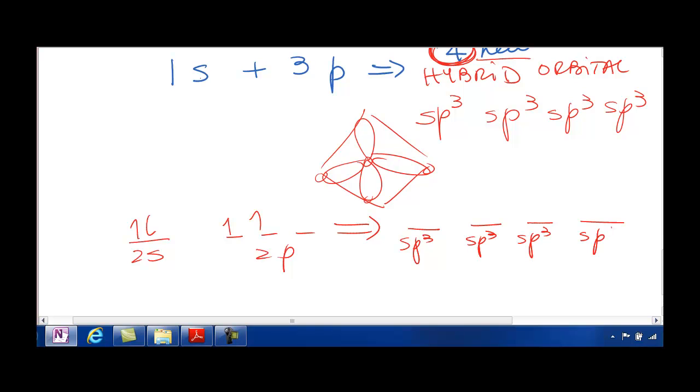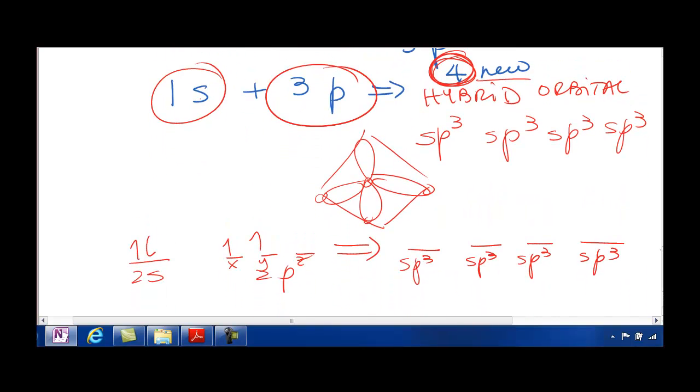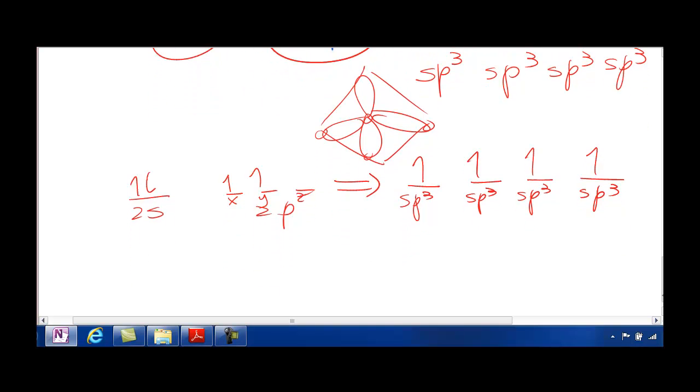So I combine the s with all 3 of the p, the px, the py, and the pz, and I form 4 new orbitals. How many electrons did carbon have? 2 in the 2s and 2 in the 2p, so I still have 1, 2, 3, 4 electrons in my central atom. And they're no longer s's, they're no longer p's, they're new hybrid orbitals.